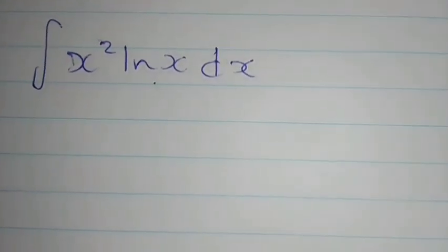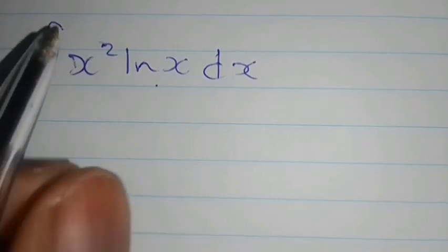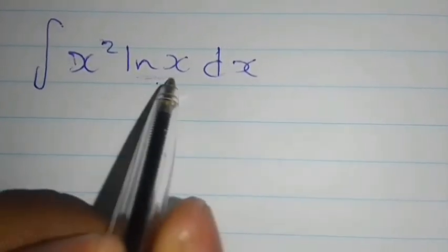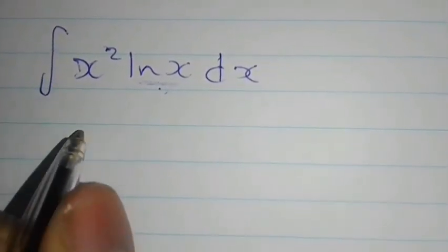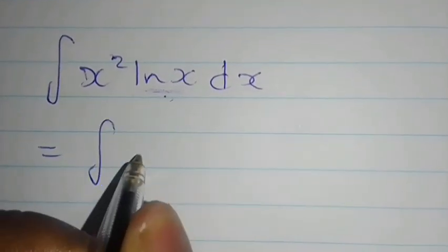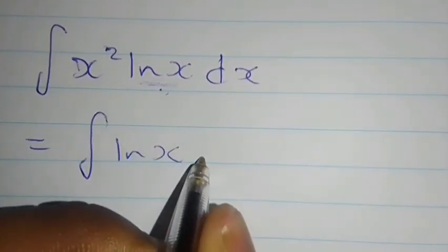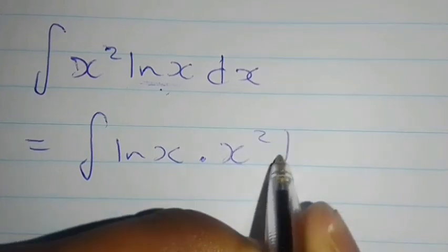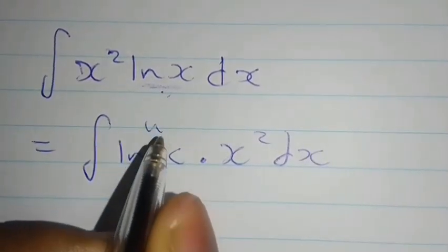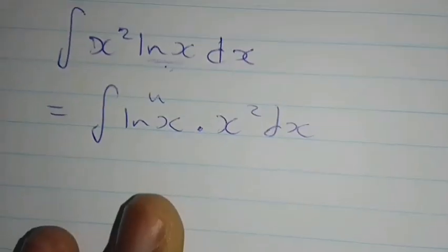So what's your u and what's your dv? Integrating ln x will be a problem, so I'm just going to rearrange this to be ln x multiplied by x squared dx. So this one is my u, and my dv will be this one.